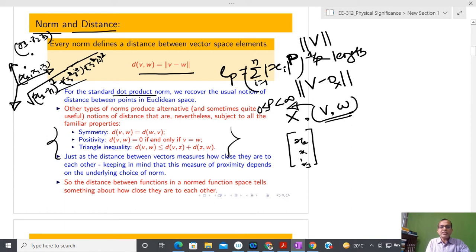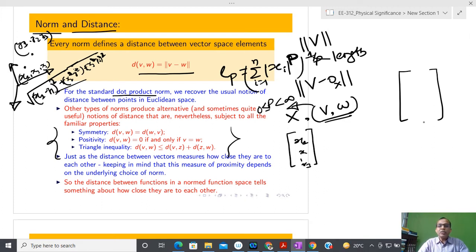So distance between vectors measures how close they are to each other. Here we are talking about any two vectors, which may be in the form of columns, functions, or matrices, and we are able to talk about the closeness of two vectors with the help of the norm.